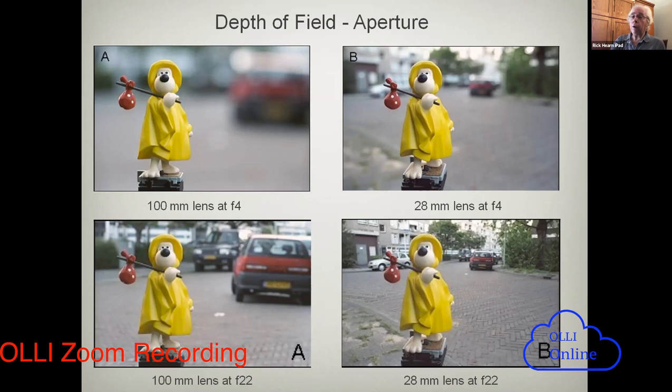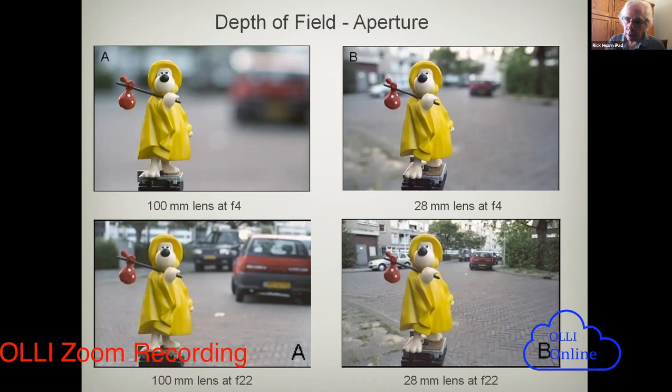Because you're focused on the hobo in both cases, and the car is not at the same distance from the camera as the hobo, with the small f number, F4, the hobo's in really sharp focus. The car that's further away is in really unsharp focus.